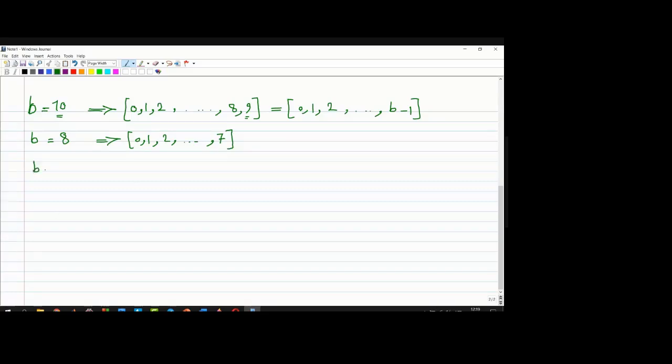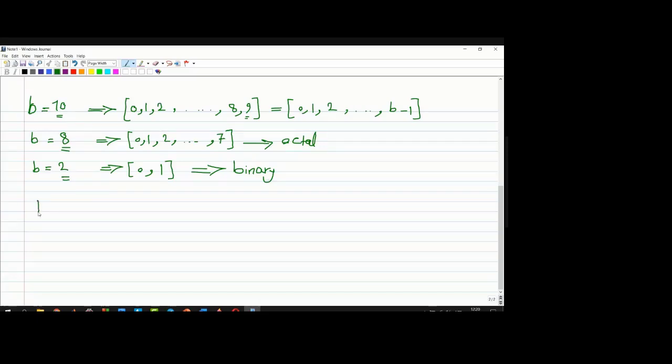For b equal to 2, we have 0 and 2 minus 1, which is 1. For this reason, this is called binary system. This is called octal system. The numbers that are in the base of 8 are called octal. The numbers that are in the base of 2 are called binary system.